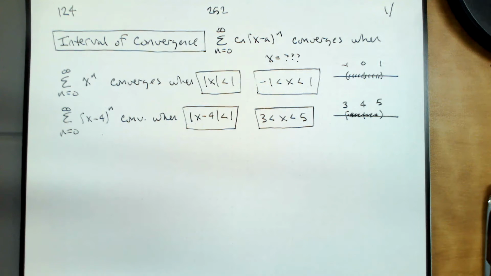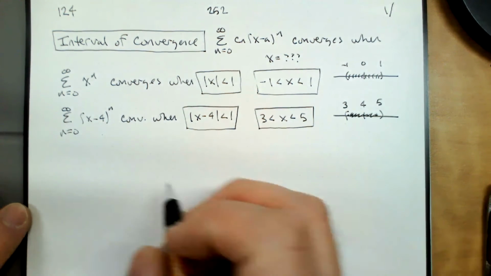Because of the way those interact, which ones dominate over the others, each one will tell us something about the interval of convergence.